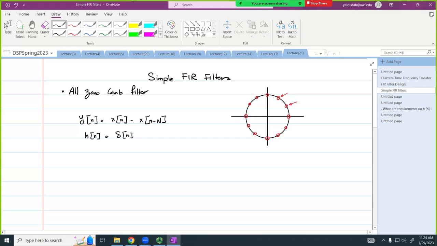Delta of n minus delta of n minus capital N. Okay, what is h of z? 1 minus z to the negative N. And therefore, I can write h of z as z to the N minus 1 divided by z to the N.